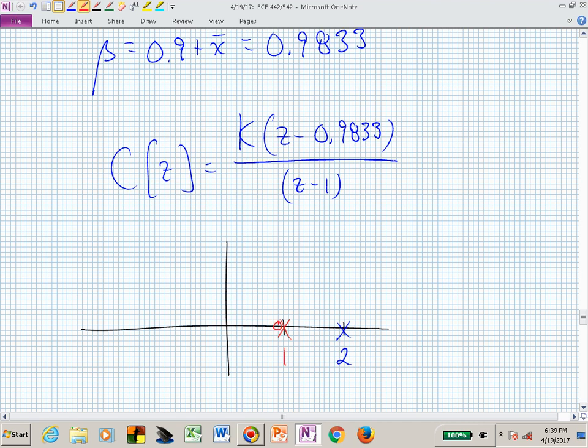It's very close to z equal 1. But now I can compute the breakaway, and we know that the breakaway happens between 1 and 2, but it's very small because it has to now pass through the triangle, which is at 0.9.